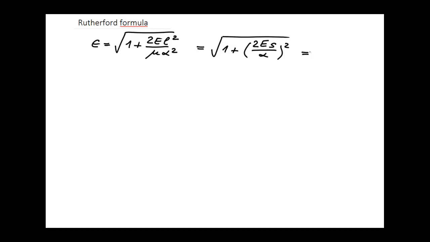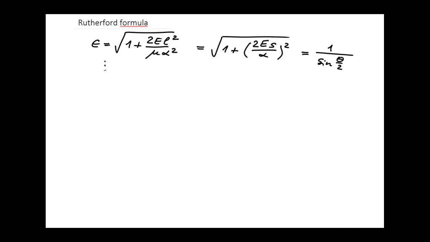So epsilon itself is 1 over sine of 1/2 the scattering angle. So we take this last equality here on this line, and we solve for the impact parameter.